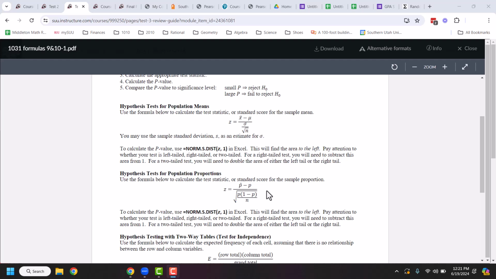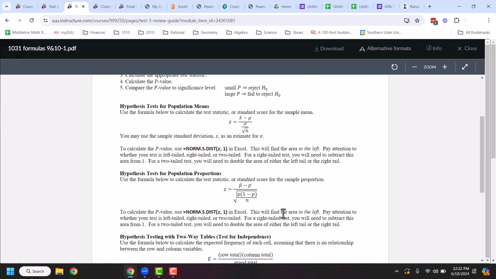In the proportion example, the population proportion would be the percentages that I found on the Skittles website. And the null hypothesis would be that the proportions are what the website claims. And then I would be looking at whether the Skittles bags that I sampled disprove that null hypothesis.